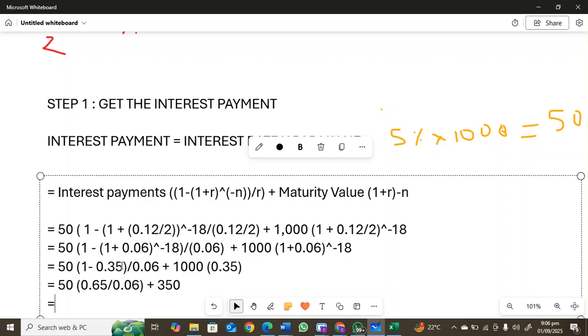And we're going to say 0.65 divided by 0.06, get 10.83. So here 50 times 10.83, you get 541.